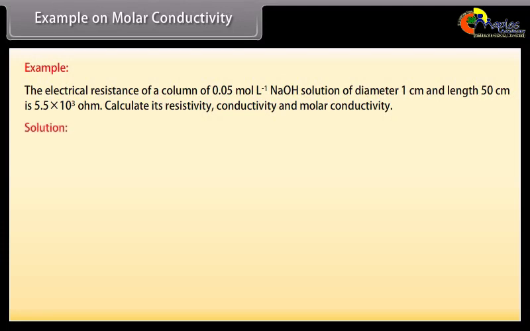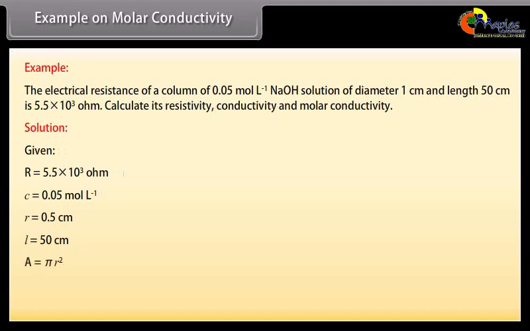Let's see the solution. Here the given values are R is equal to 5.5 × 10^3 ohm, C is equal to 0.05 mole per liter, r is equal to 0.5 centimeter, L is equal to 50 centimeter. We know that area is equal to πr².